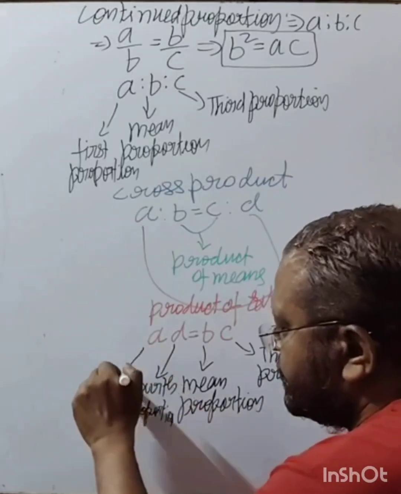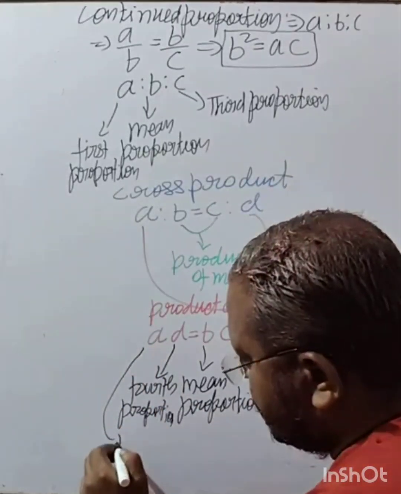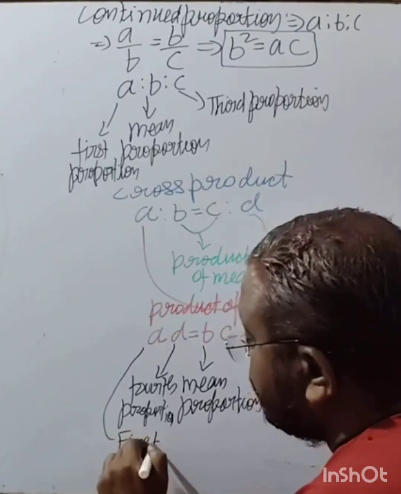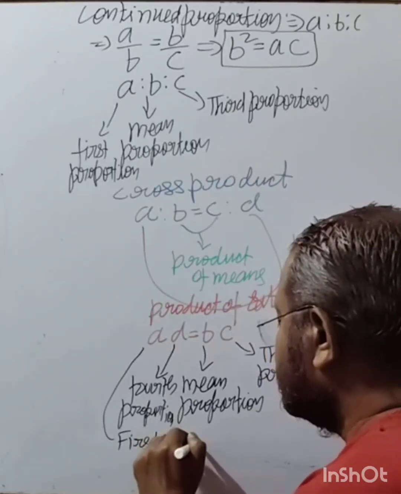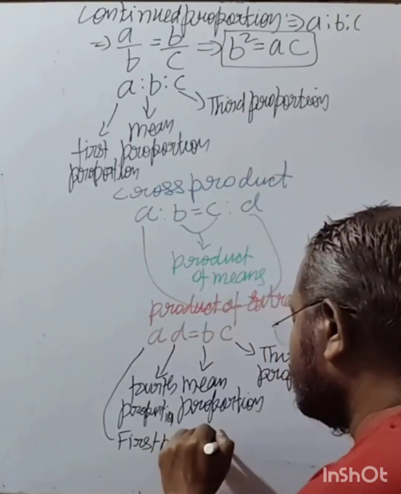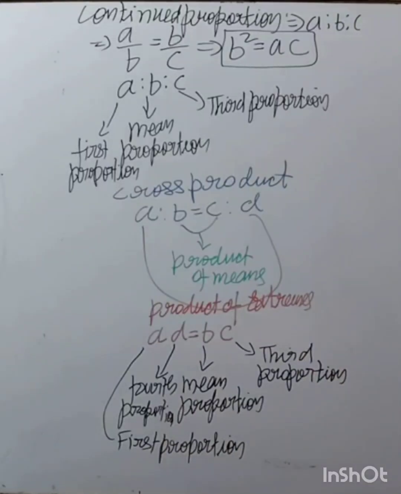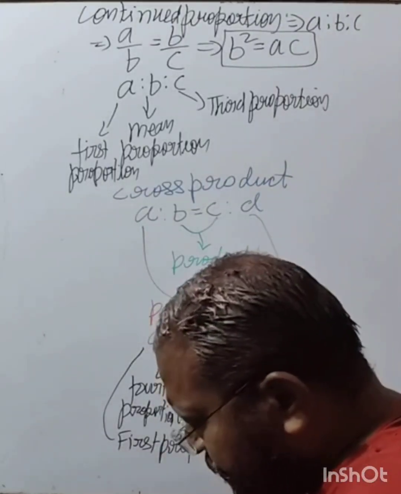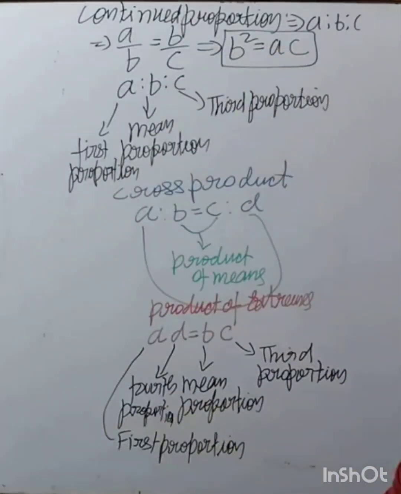And this is first proportion. You get this? This is what we have. Generally we will use this.